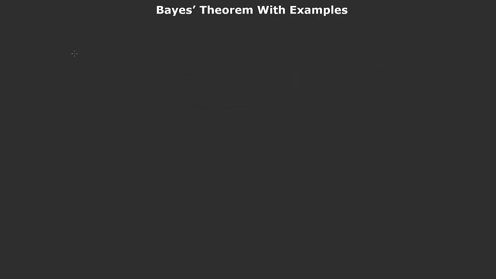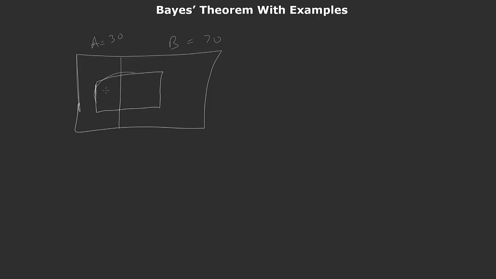Let's take a look at this example. Imagine you have a particular school, and in that school you have two classes. This is class A and this is class B. In this class you've got 30 students, and in this class you've got 70 students. Then let's say you've got some students that love football. Let's represent that group of people with this rectangular shape.